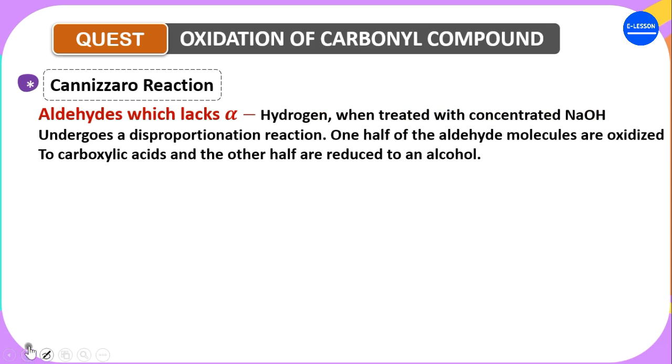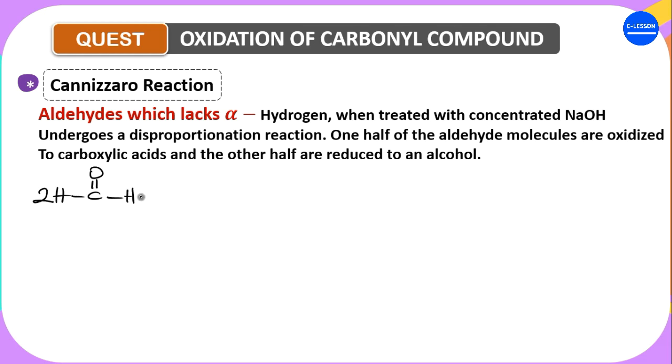The last one is the Cannizzaro reaction. Now the Cannizzaro reaction is a reaction whereby formaldehyde, the simplest aldehyde, which is this, right? I'm not going to show you the process or the reaction mechanism, but just note it. Whereby formaldehyde, when treated with sodium hydroxide, undergoes a disproportionation reaction.